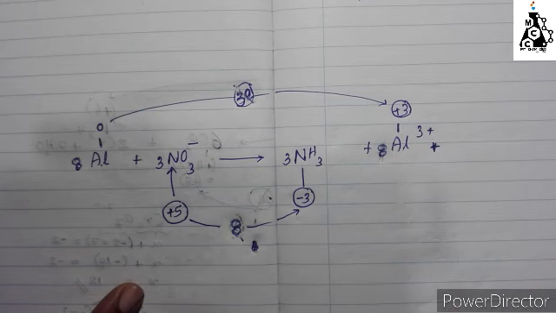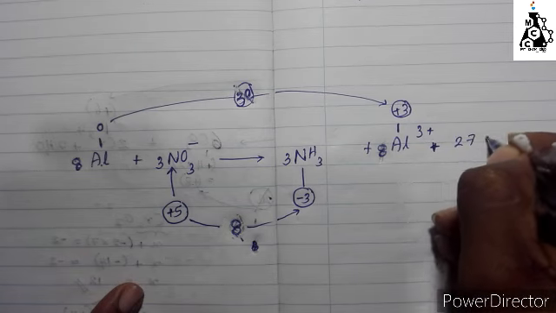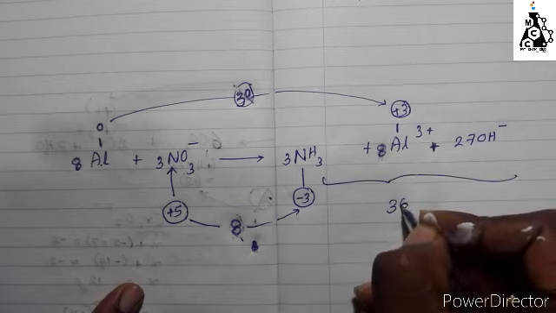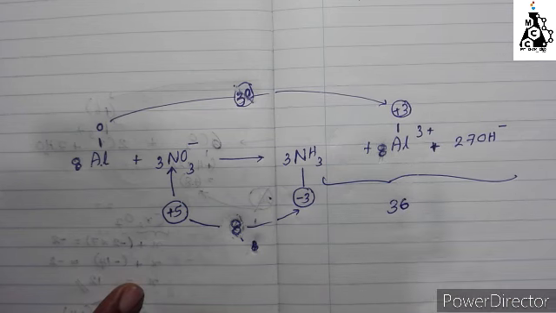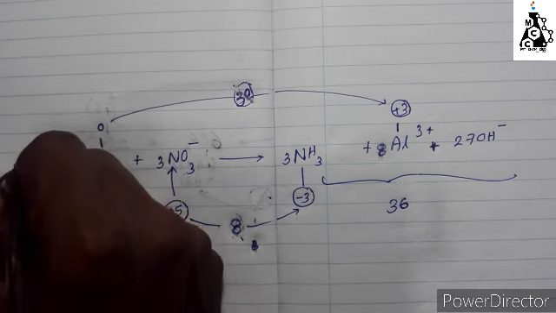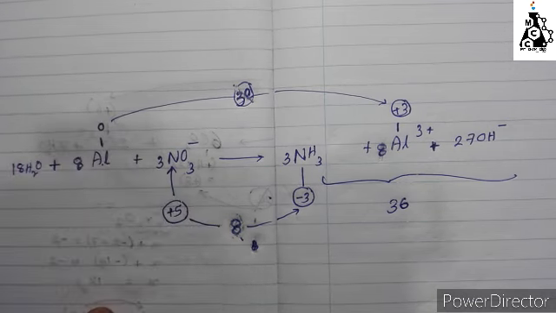Here, you have to add 27 OH- to balance minus charge. And finally, you have to add H2O molecules to balance hydrogen atoms. 36 hydrogen atoms on the right hand side. Because of that, you have to add 18 H2O to balance hydrogen atoms. Okay, now you have balanced an equation in basic medium correctly.